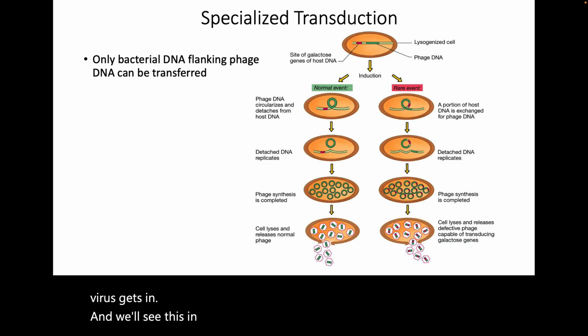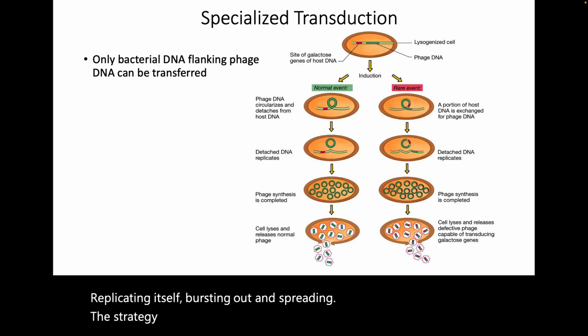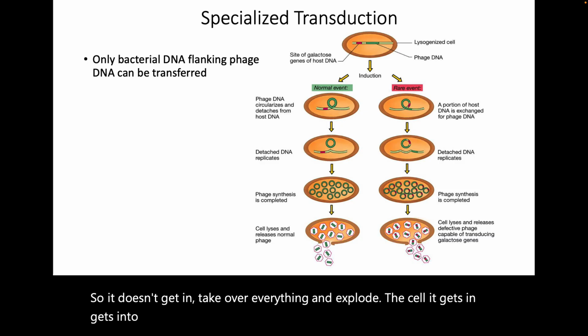Virus gets in, but instead of replicating itself, bursting out and spreading, the strategy here is purposeful integration into the host chromosome. So it doesn't get in, take over everything, and explode the cell. It gets in, gets into the chromosome and sits there.